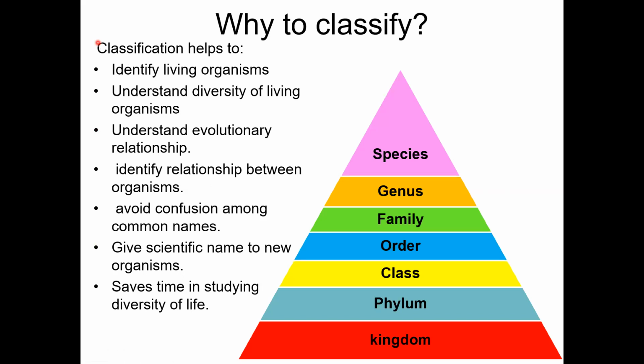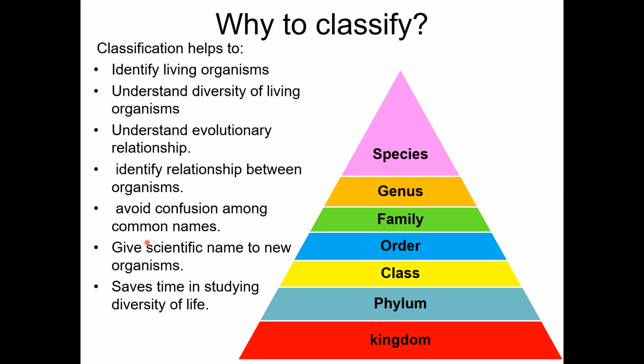Classification is important to identify living organisms and to understand the diversity of living organisms, how diverse they are. It helps to sort out the evolutionary relationships between organisms, and to avoid confusion among common names.